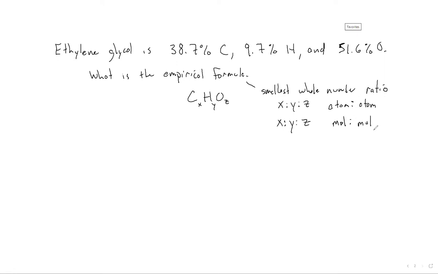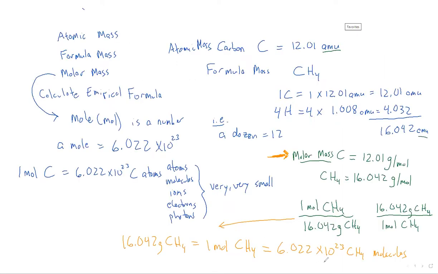It's much more useful, and it's legitimate, right? Because if it's atom to atom, we're just multiplying the number of atoms times 6.02 times 10 to the 23rd, and you get the number of moles.